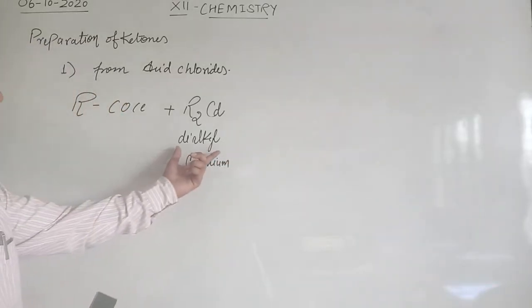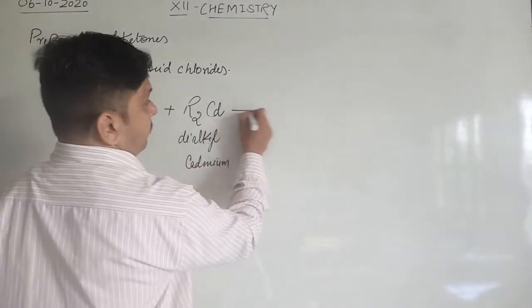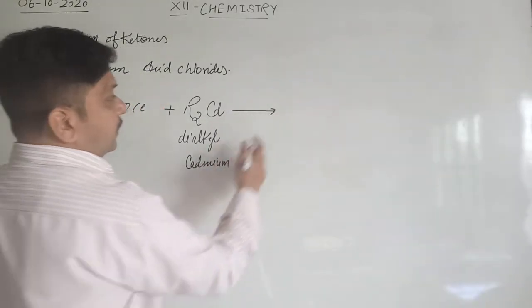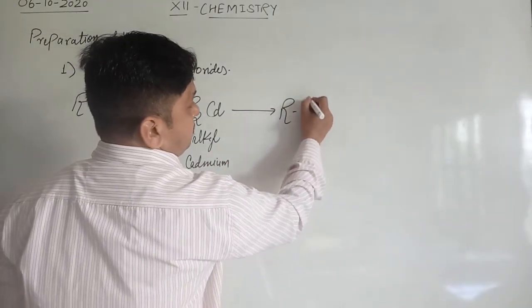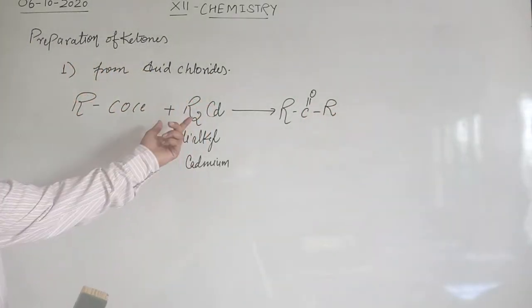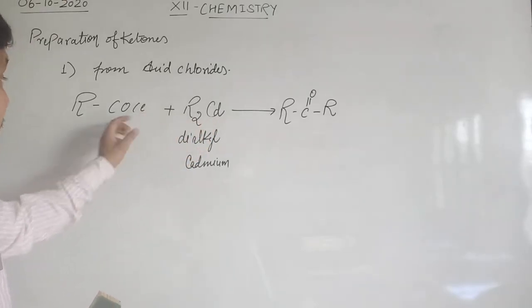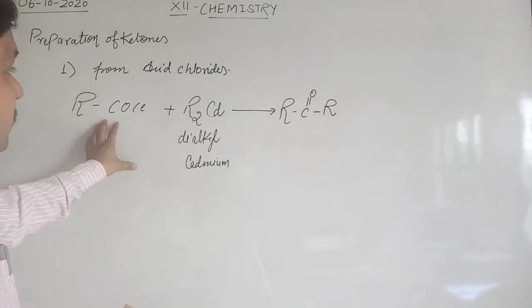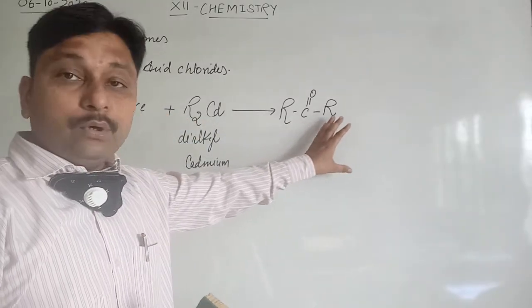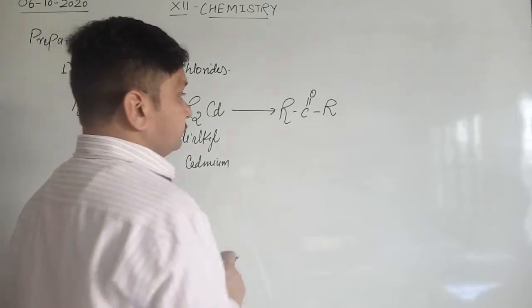So when this dialkyl cadmium reacts with acid chloride, it will convert into RCOR. Means one R of the dialkyl will substitute in place of the Cl. Clear? So RCOCl and R2Cd convert into RCOR with the removal of CdCl2, that is cadmium chloride.